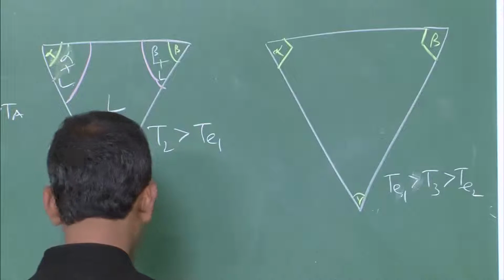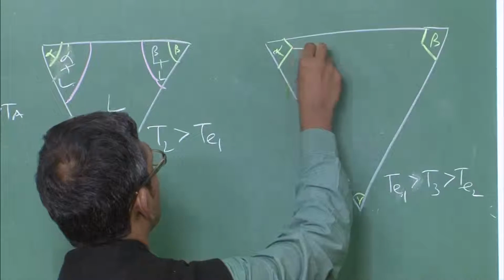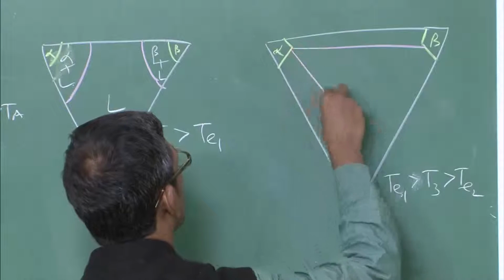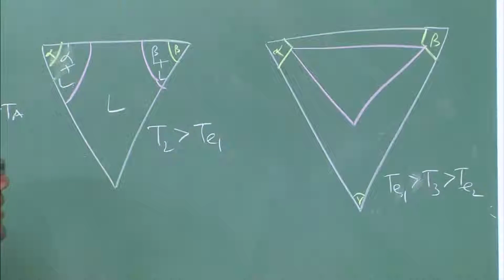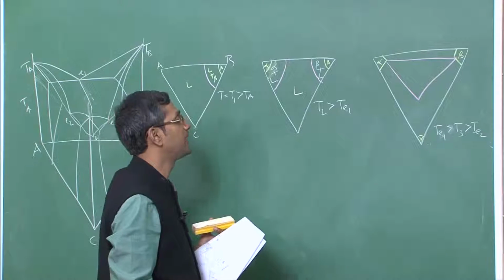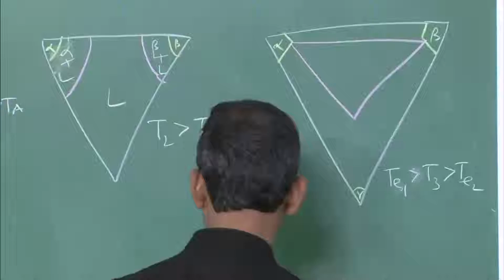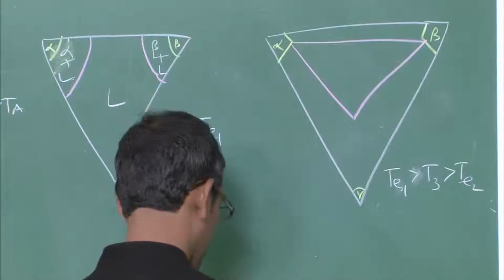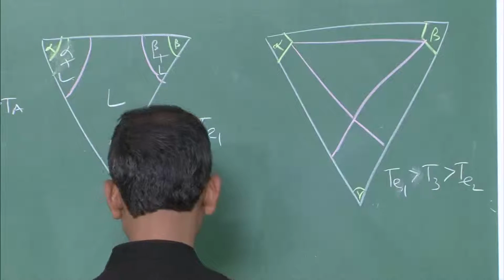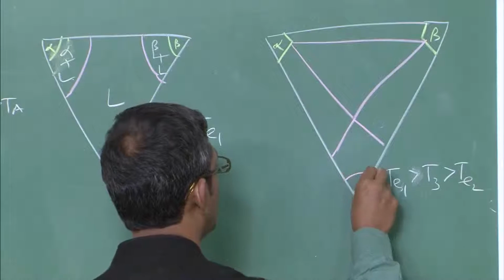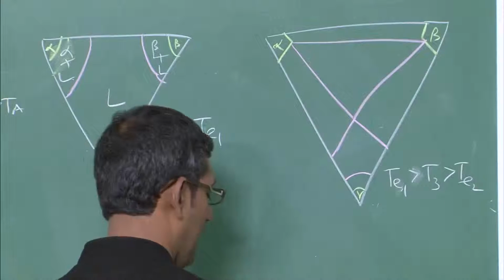Then what you are going to have is a triangle, which is a feature of three phase equilibria between alpha, beta and liquid, and obviously you will have other things like this one and this one, which is as usual.